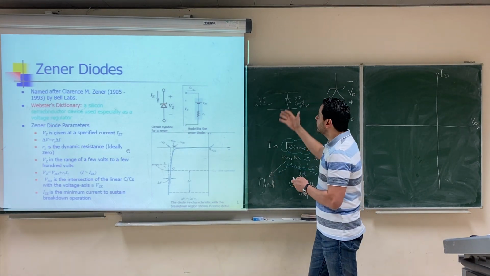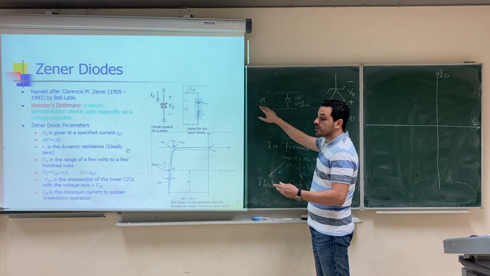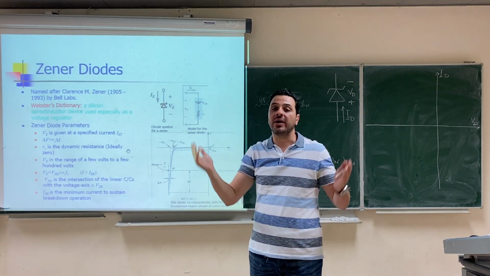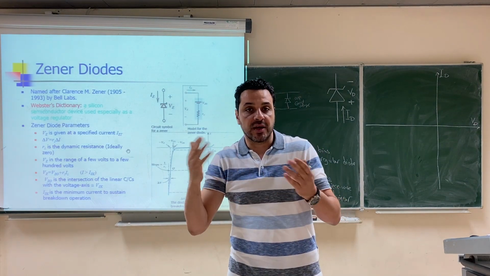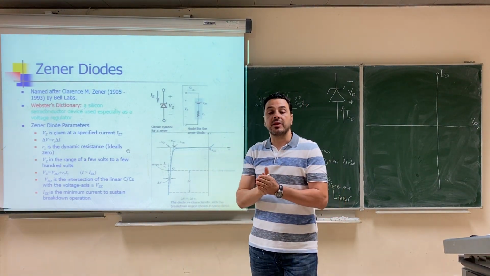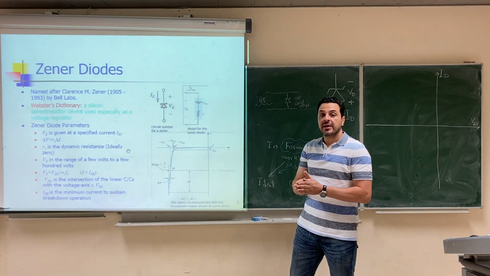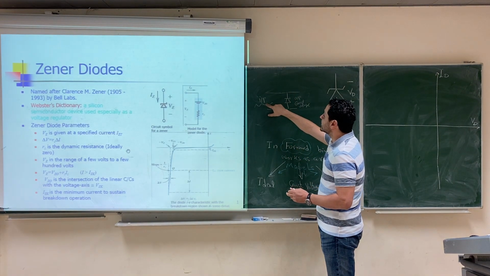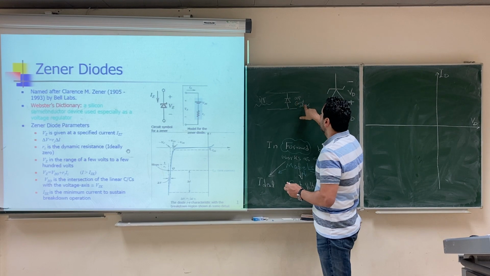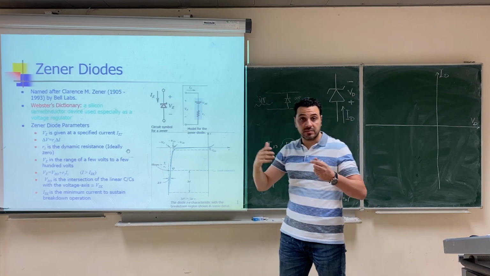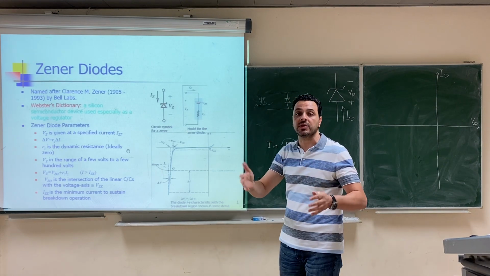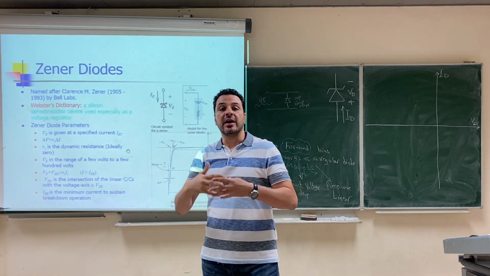So regulation means that if the input voltage of a certain circuit is fluctuating due to one reason or the other, there are many reasons that make the input voltage fluctuate, then the regulator is responsible to make this fluctuating input constant at the output, which is going to be connected to your computer, your fridge, your appliance.